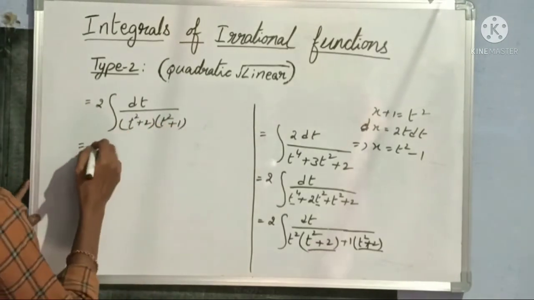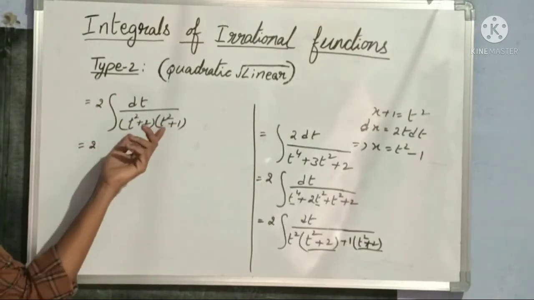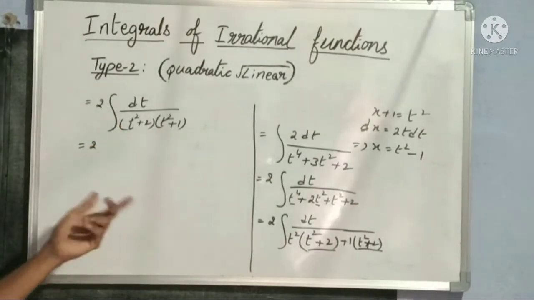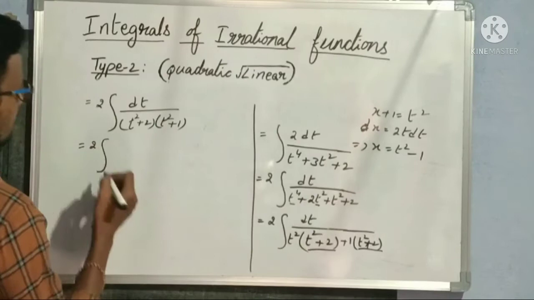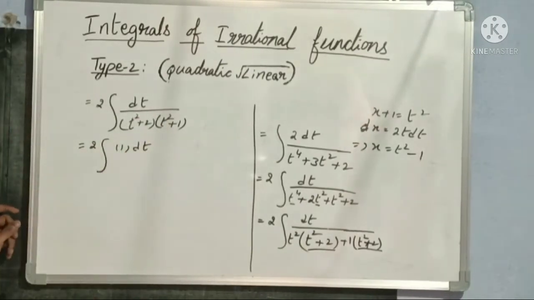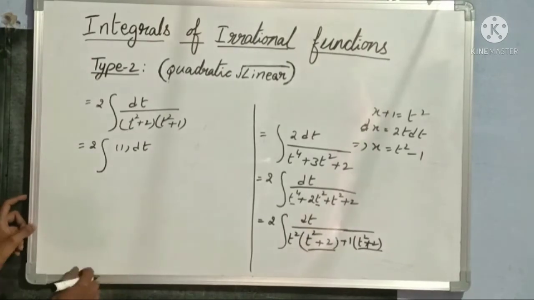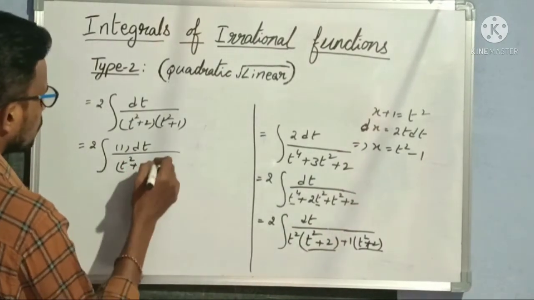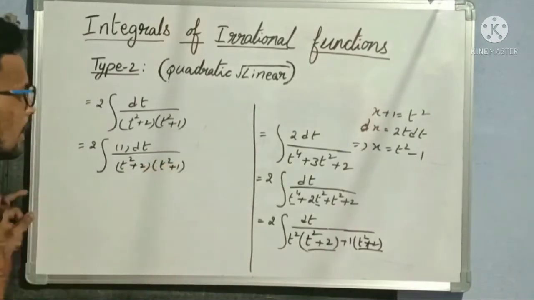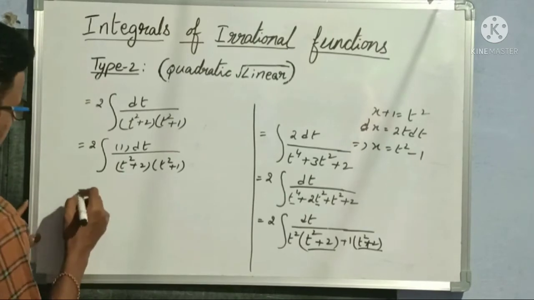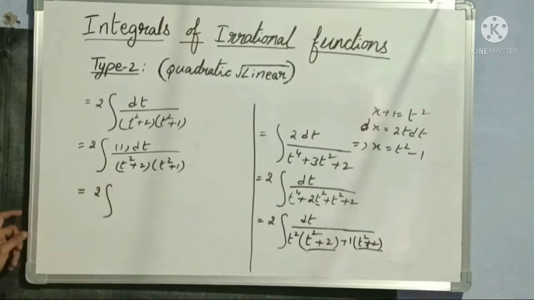Now either we can do the partial fractions method or a shortcut method. Let us do the shortcut method, very easy, listen. Here integral dt is nothing but 1 dt. So 1 dt by t square plus 2 into t square plus 1. Up to here everybody understood? Next, that is equal to 2 integral.